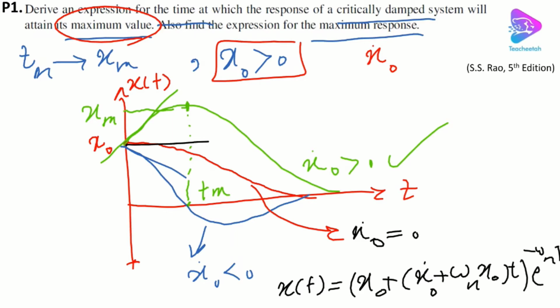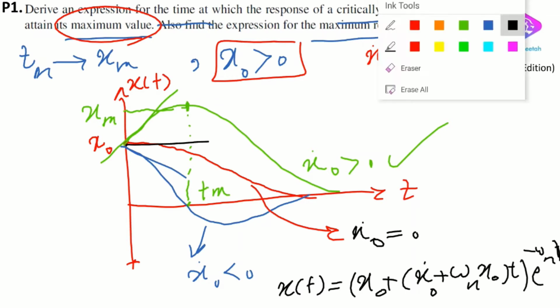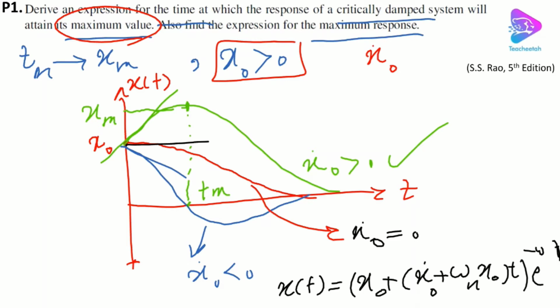This is the expression that we already know from the textbook, and we don't have to be worried about that. Let me write it in a clear way, again with the expression times e to the minus omega n t.